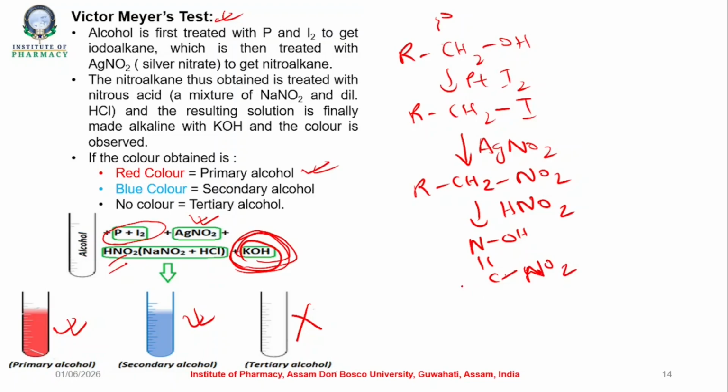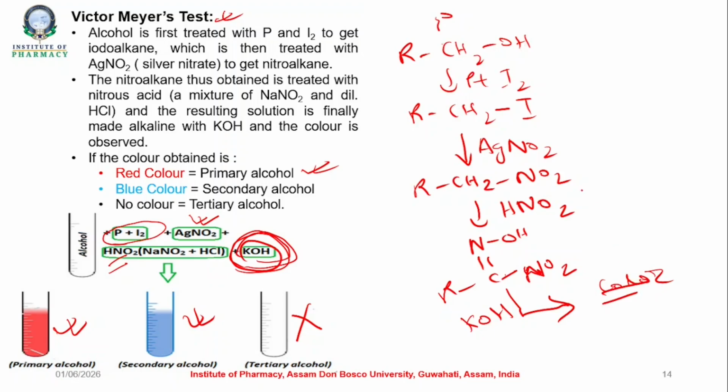So we have nitrolic acid here, and then when the environment becomes alkaline with the help of potassium hydroxide, we get different types of color changes.